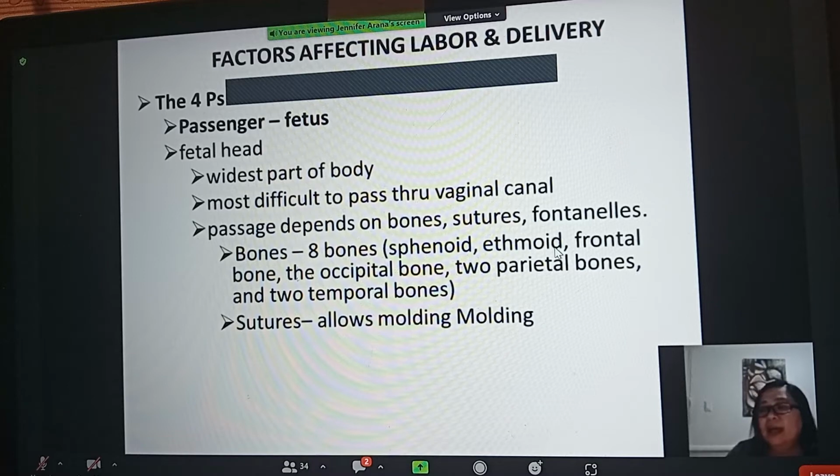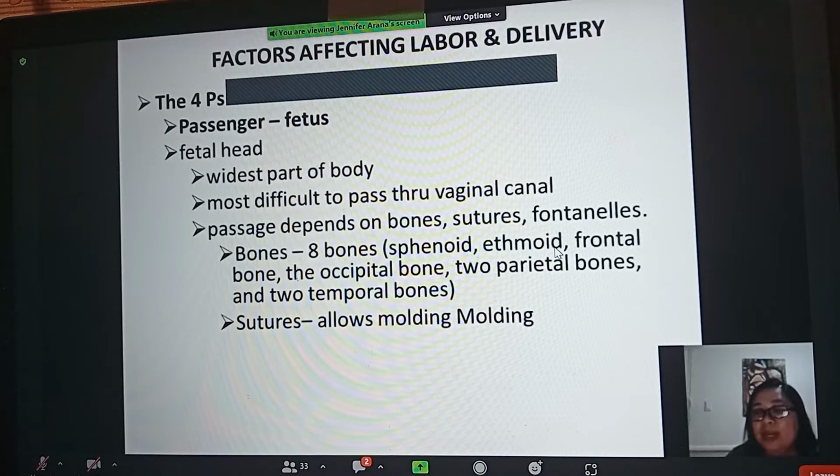However, the passage depends on the bones, the sutures, and the fontanelles. Remember that the fetal head has 8 bones: the sphenoid, the ethmoid, the frontal, the occipital, the 2 parietal bones, and the 2 temporal bones. So how is the very wide head of the infant able to pass through the maternal pelvis?